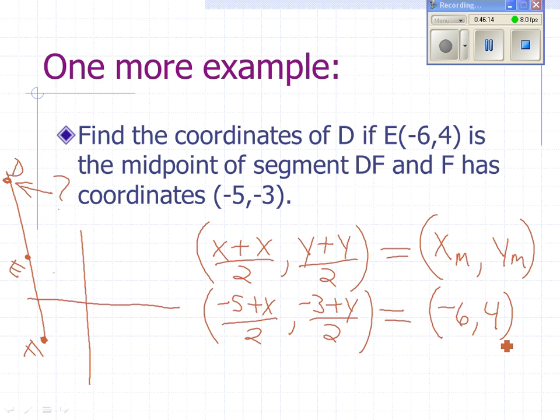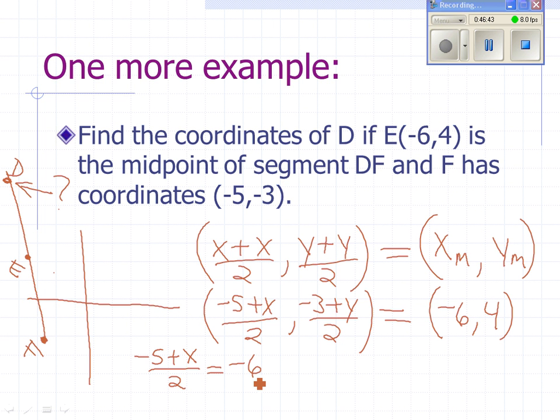You can do this right here. All of this, -5 plus something divided by 2, should end up equaling what? The -6, right? So what you're sort of going to do is just split this apart. -5 plus x divided by 2 equals -6. And then we're going to solve that.